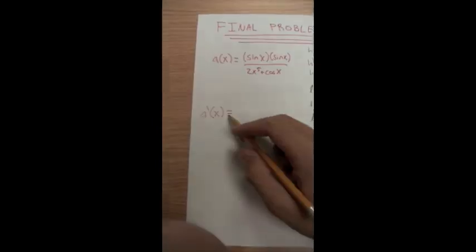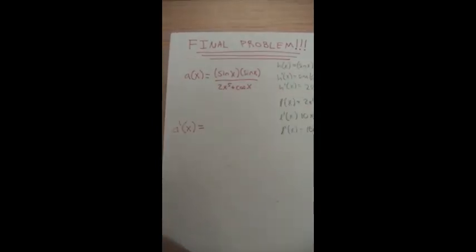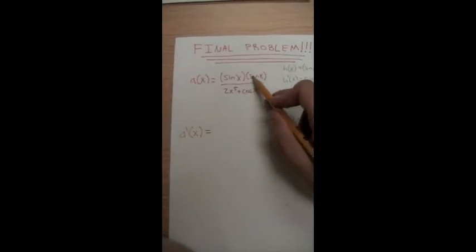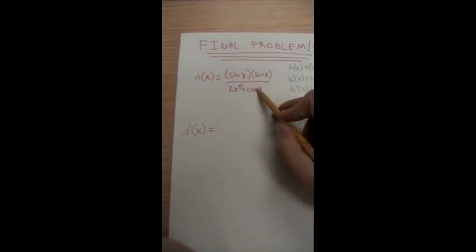Now, to take the derivative of this function, we just want to do low d high minus high d low over low squared.